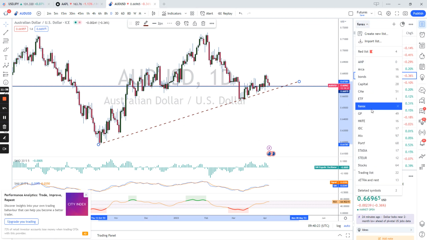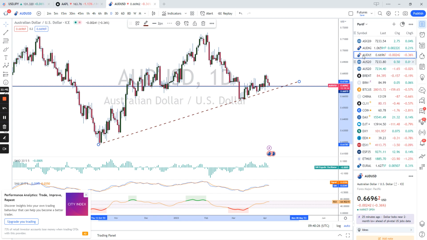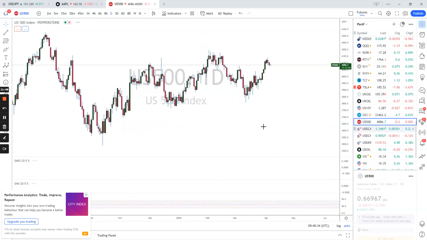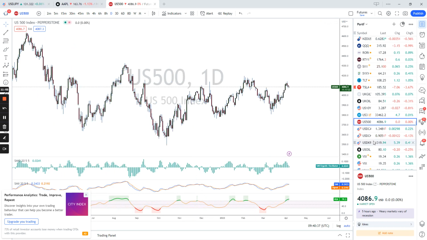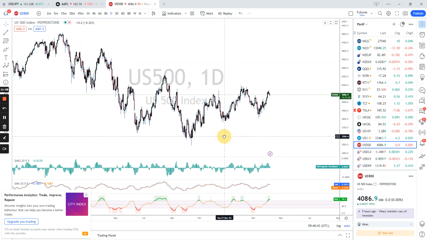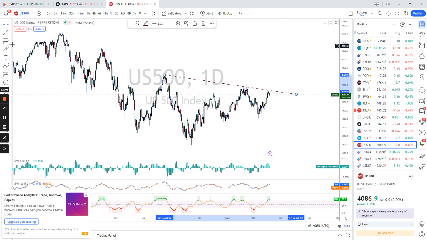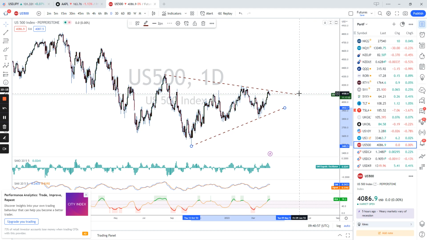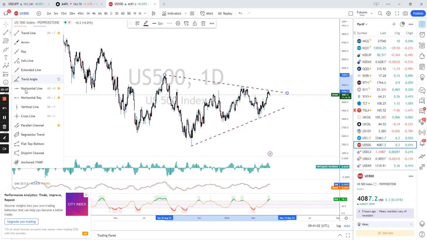Okay, let's switch to indices and see what is happening there. I will first open SPX, US 500 index. So this is a consolidation triangle, and this consolidation triangle has 2 points which are important.